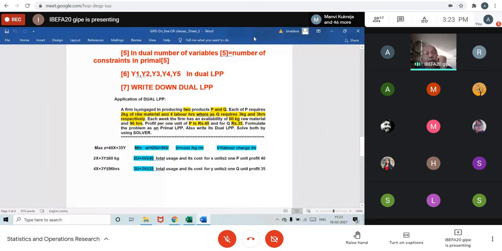A firm is engaged in producing two products P and Q. 1 unit of P requires 2 kilogram of raw material and 4 labor hours, whereas Q requires 3 kilogram and 3 hours respectively. Each week, the firm has an availability of 60 kilogram raw material and 96 hours.